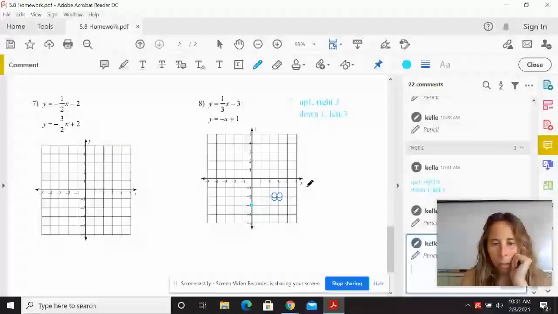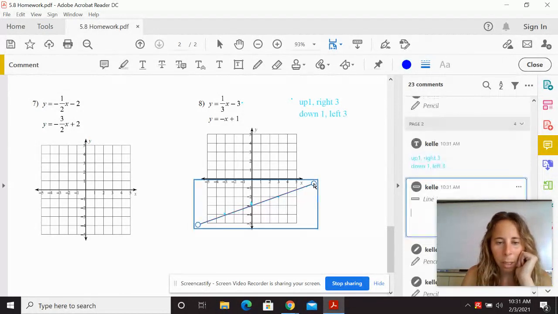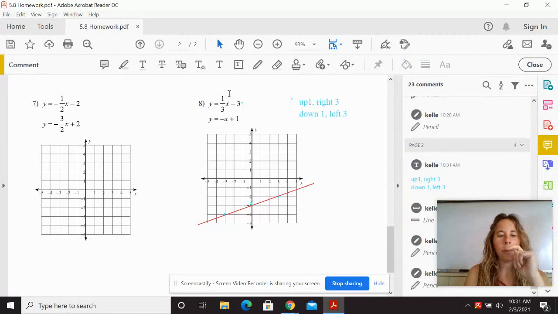If you wanted to go the other way, you would go down 1 and to the left 3. There we go. Let me draw a line and connect those. There should be arrows on the end of it. So that's your first one.